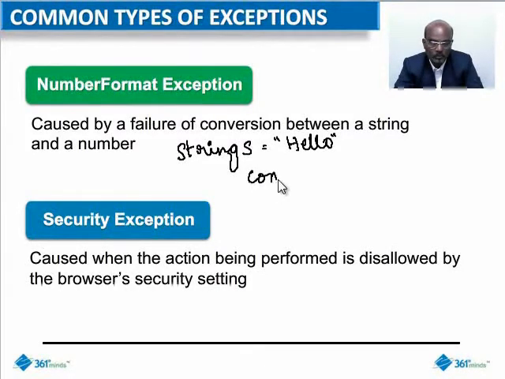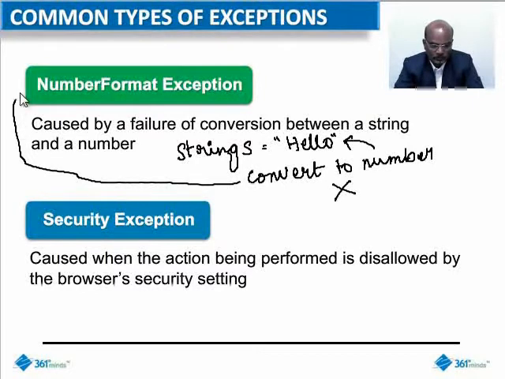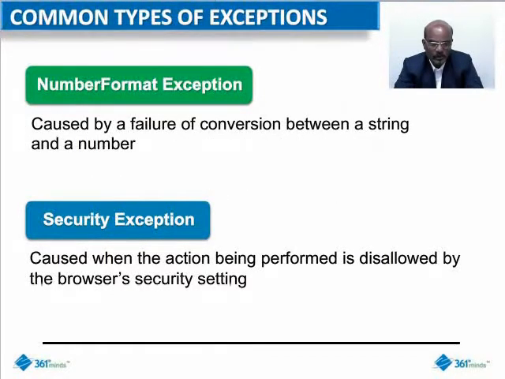When you're trying to parse hello as an integer, you will get a number format exception in your output. So these are caused by user interactions with the computer, where they give wrong values, and then these kinds of exceptions do occur. The next is the security exception.